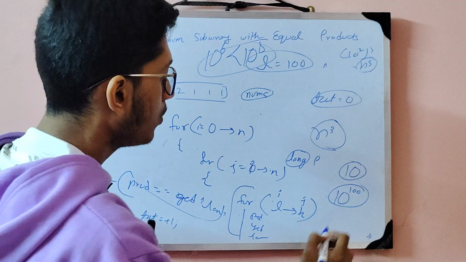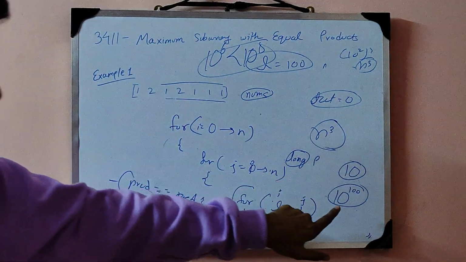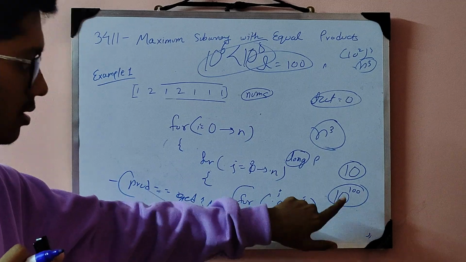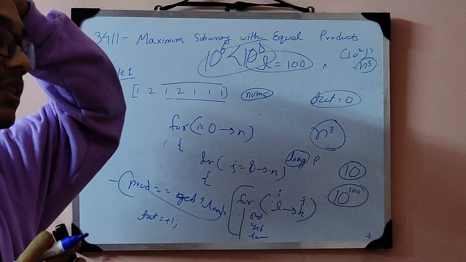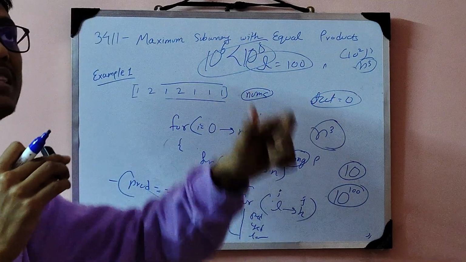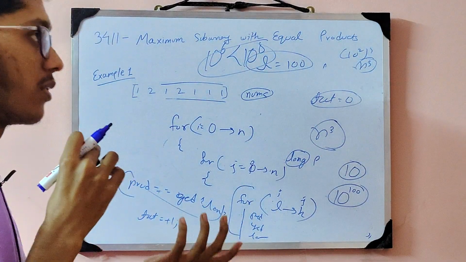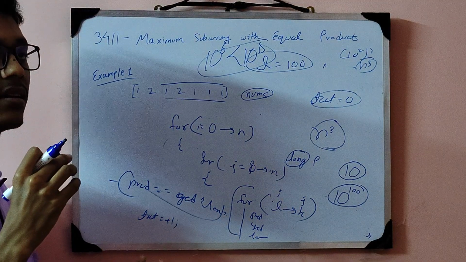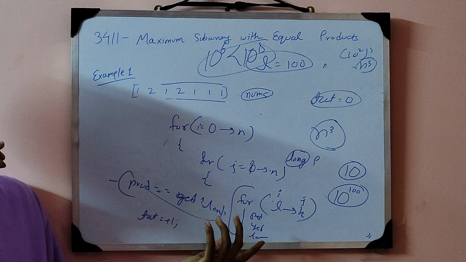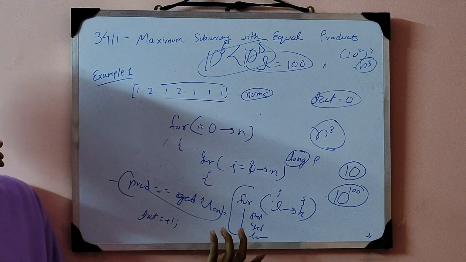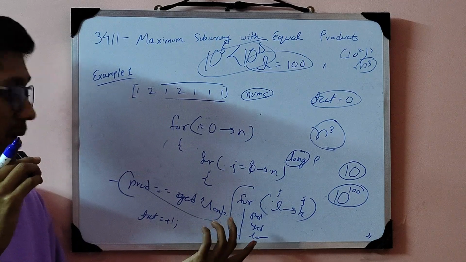So your product can go up to 10 to the power 100, and you need to check for these edge cases also, because if there is some test case that contains a very rare edge case, then your code will not get submitted. And if you are in a contest, then it will give you a penalty, or if you are in an interview, it gives a bad impression.